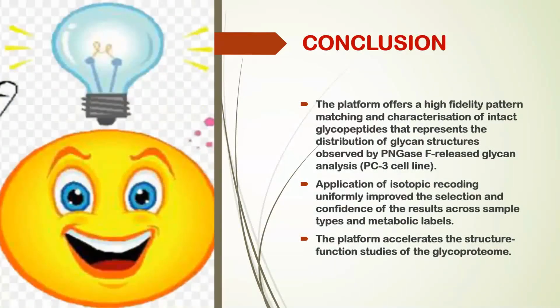In conclusion, the platform offers high-fidelity pattern matching and characterization of intact glycopeptides by the bromine tagged peptides evaluation. Isotopic recoding uniformly improved the selection and confidence of results in all samples tested. And the platform accelerates the structure-function studies of the glycoproteome.